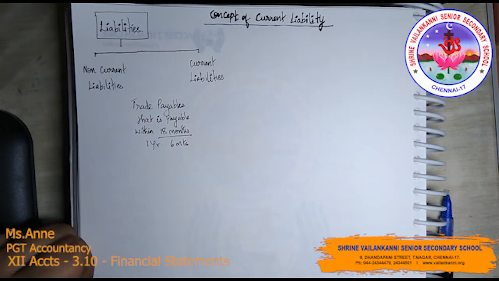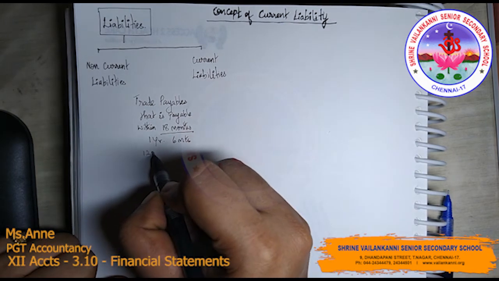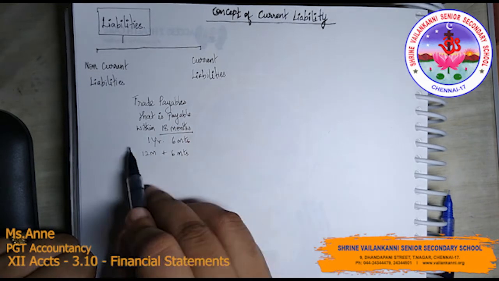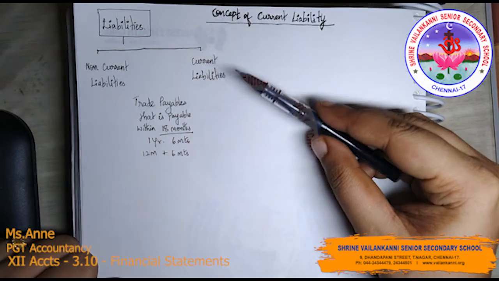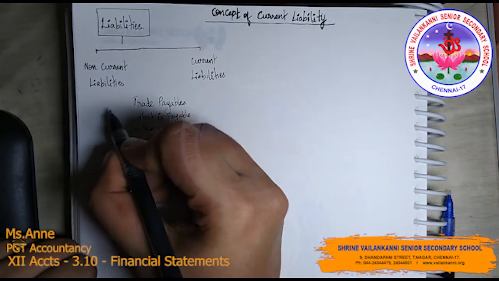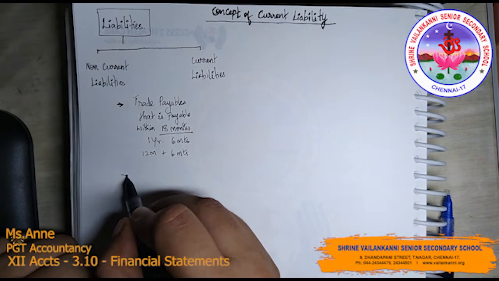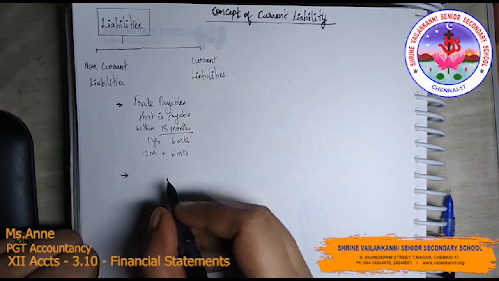It is 1.5 years. 1 year consists of 12 months plus 6 months is a period of 18 months. Now whether it is classified as current liability or a non-current liability, we may not know. There is one more example. You can understand this if I am able to elaborate.